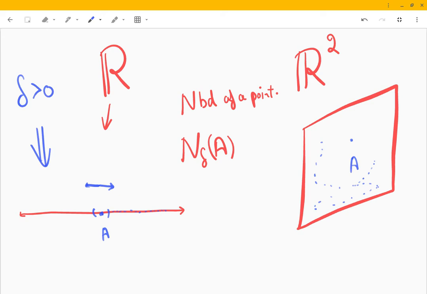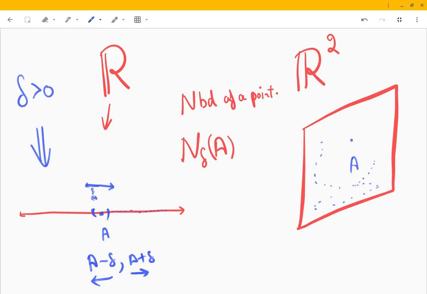We move a distance of delta on both sides. That means if A is the point, then A minus delta and A plus delta. We shifted delta units this side and delta units this side. And then we formed this interval.